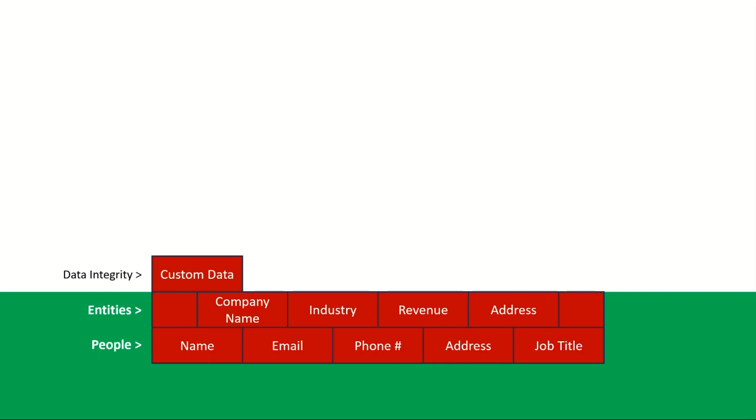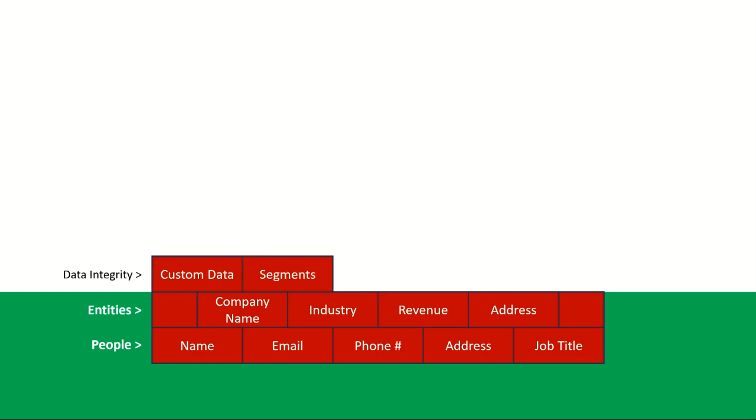So for instance, a company might have specific software or specific services and products that they offer, and you want to know that in your database. And likewise, people could have custom data elements associated as well, beyond just the email and phone and address and job title we see here. So the ability to create custom data properties, data fields easily, and store them in your CRM is a fundamental brick on the first floor of your building on top of the foundation you've already built.